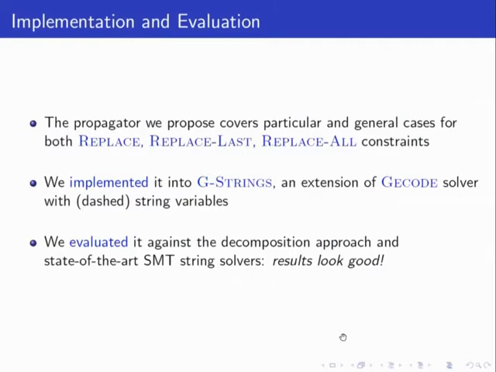We implemented this propagator into gstrings, which is an extension of the well-known Gecode solver with Dash string variables, so string variables with Dash strings for the domain. And then we evaluated this new propagator against the decomposition approach and the state-of-the-art SMT solvers implementing the replace constraint. And results look good.